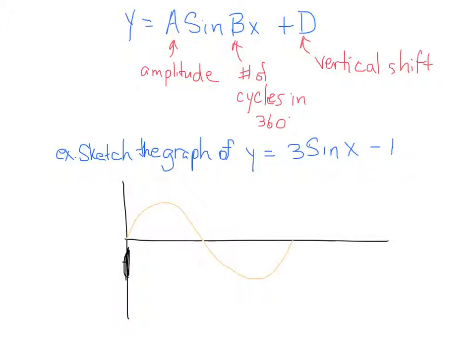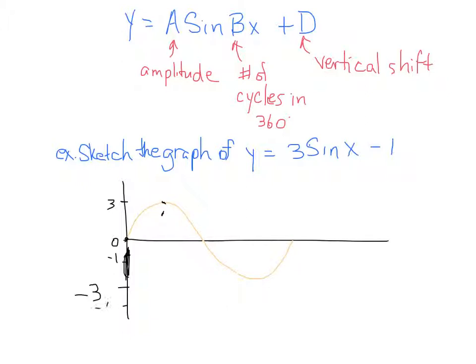But this is, in fact, just the graph of y equals 3 sine x. It's what we just drew. But now with the vertical shift, we have to move this graph down 1. So instead of starting at 0, 0, it's going to start 1 lower, at -1. Instead of our high point being at 3, it is 1 lower at 2.